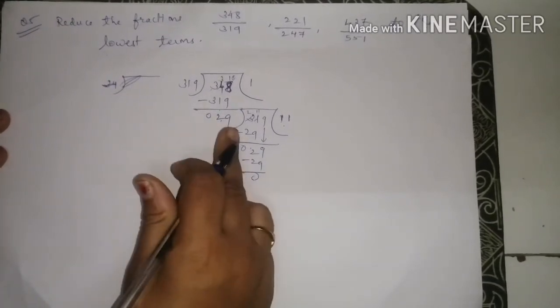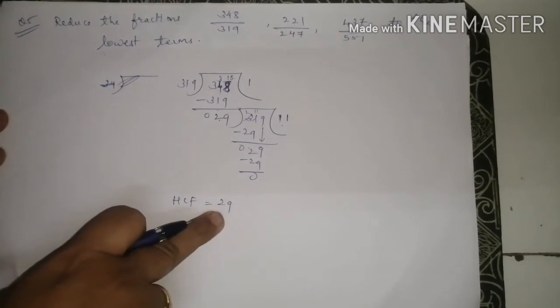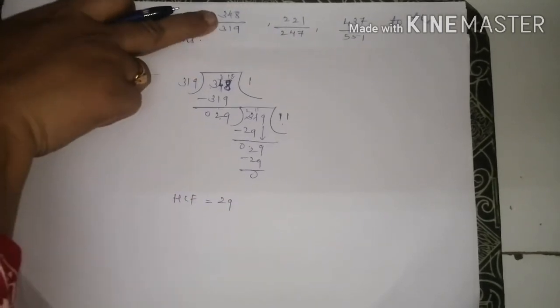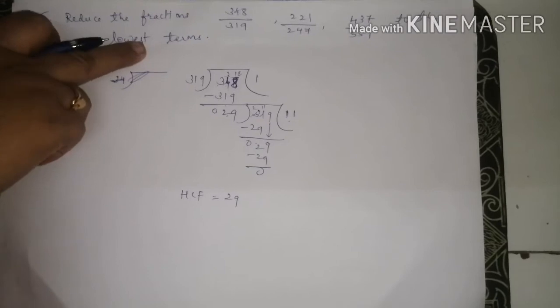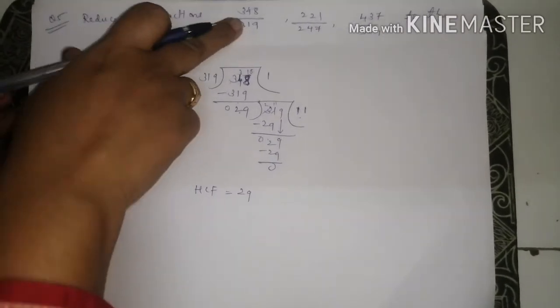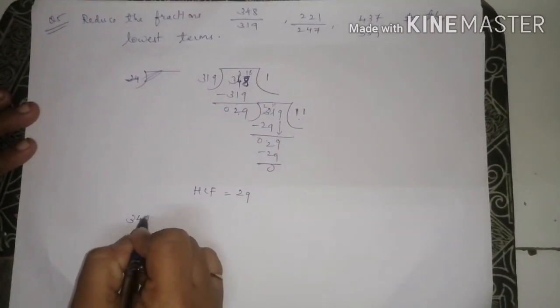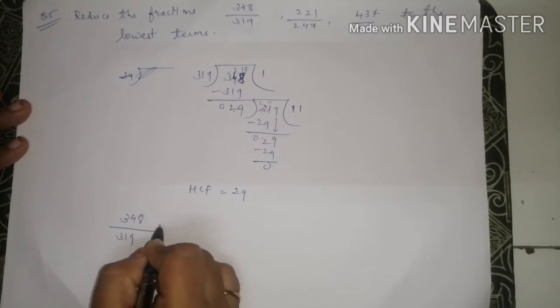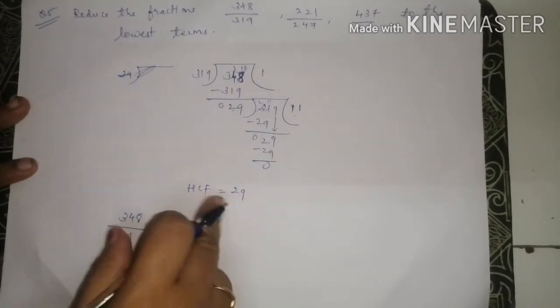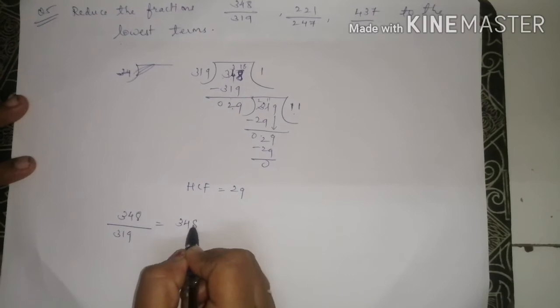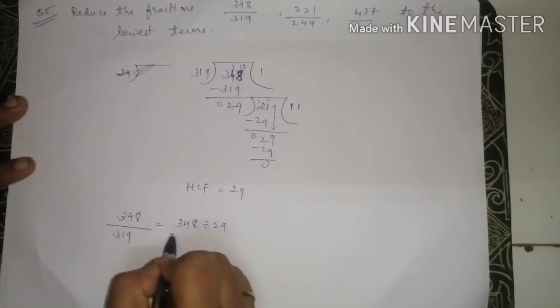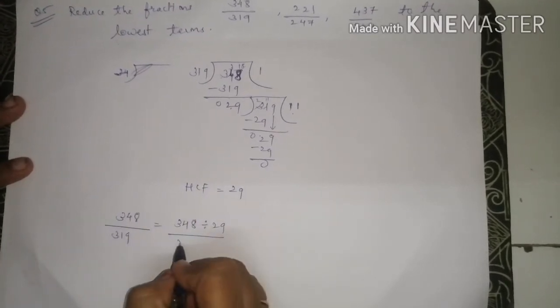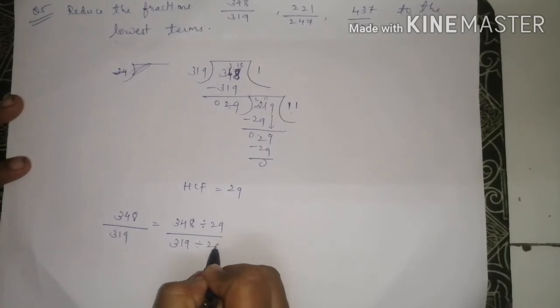So that is your HCF, and we divide the fraction by 29 to reduce it to its lowest term. Our question was 348 upon 319. So we will divide this fraction by that HCF. 348 will be divided by 29 and 319 also will be divided by 29.